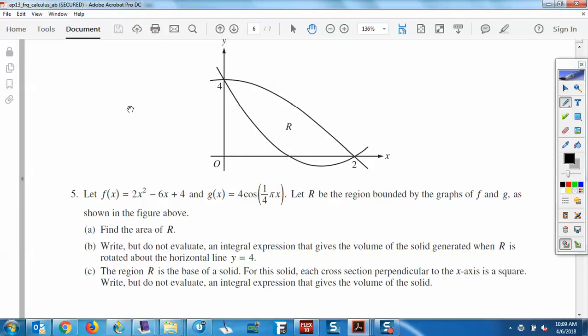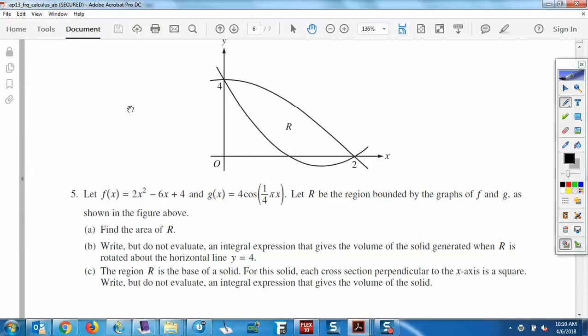Okay, so in problem B, it talks about rotating or revolving the region. So you're going to have what we've been talking about here. But then you read problem C and it sounds totally different, right? The word revolving or rotating is not there. It says that this region is the base of your solid. What that means is it's like the bottom of your solid. So that's a circle, right? We've got a circle that's the bottom of our solid here.